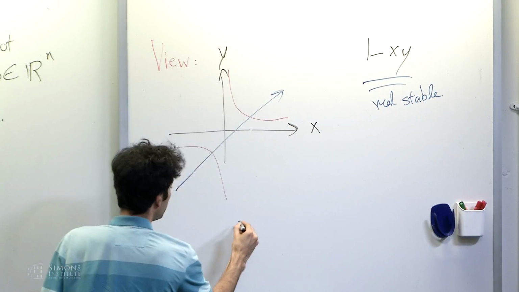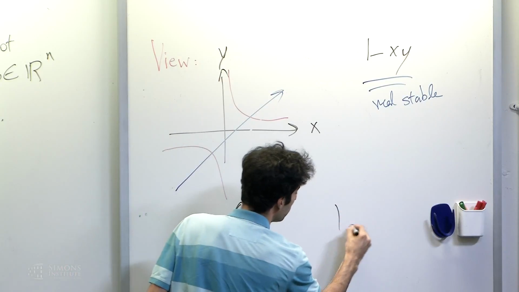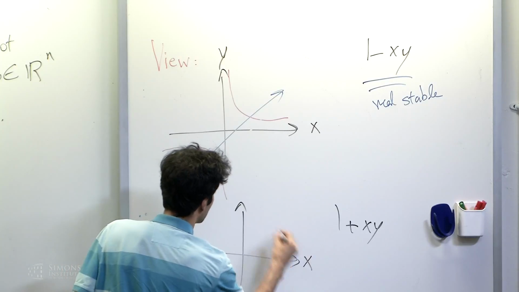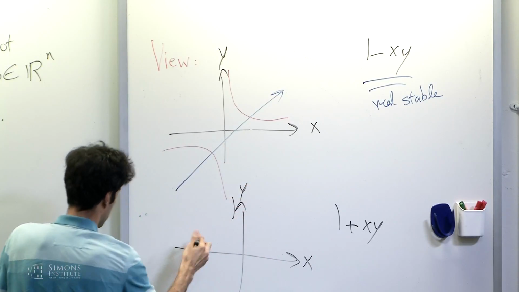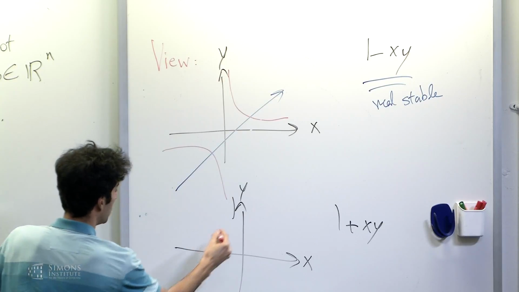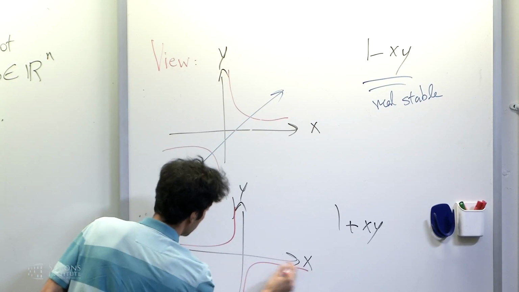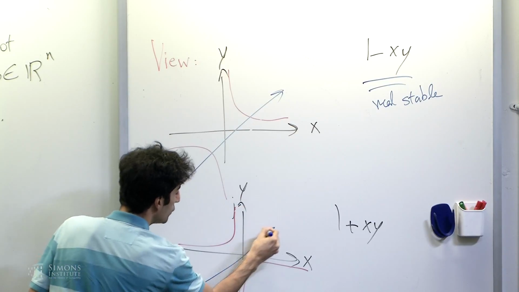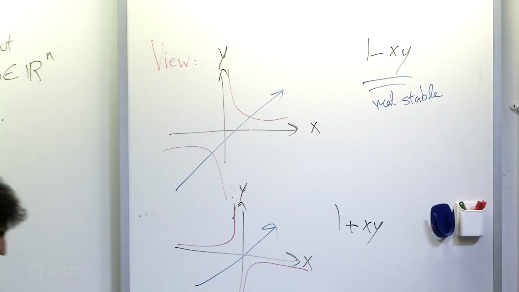For another example, consider this polynomial, 1 plus xy. Let's draw the roots of this. Again, this is x, this is y. The roots will be like this. Now you see you can draw some lines through the positive orthant that do not cross the roots at all.